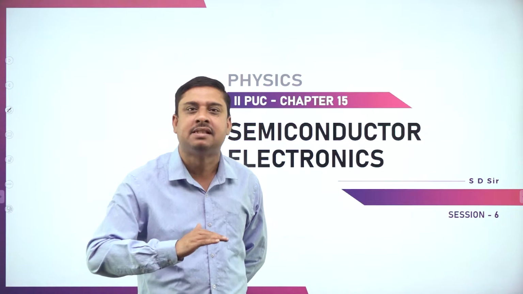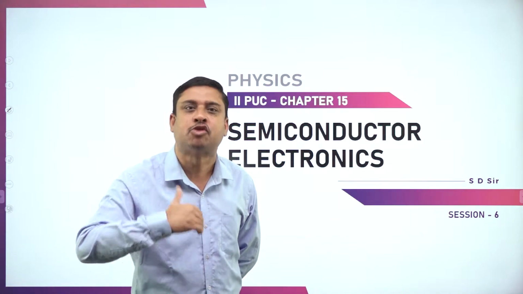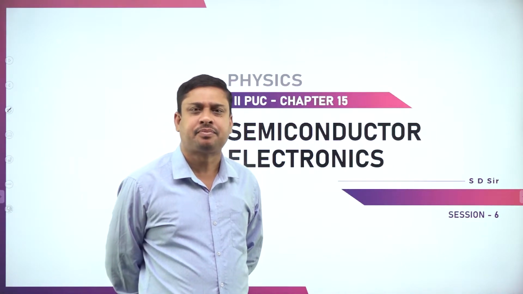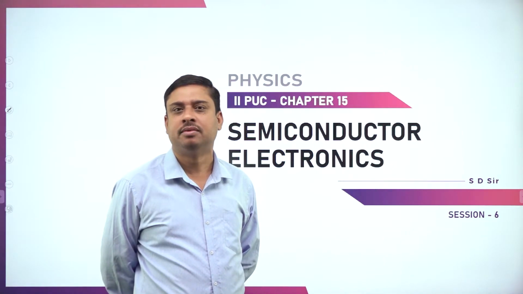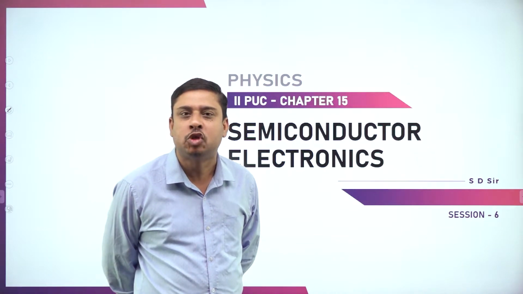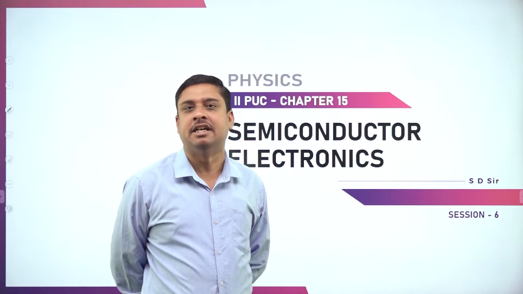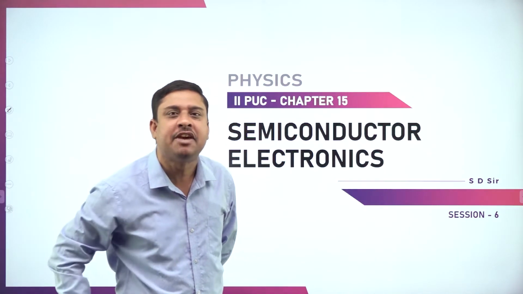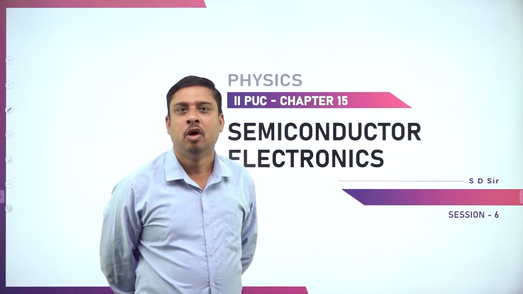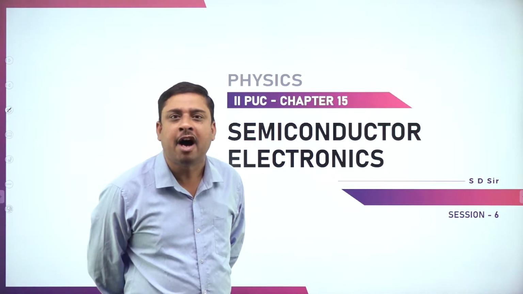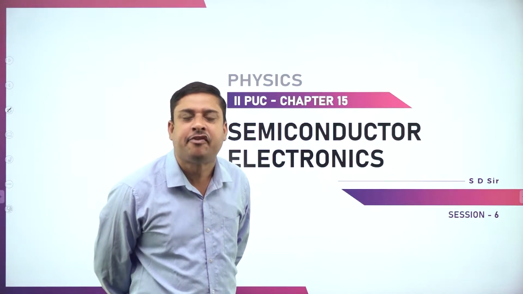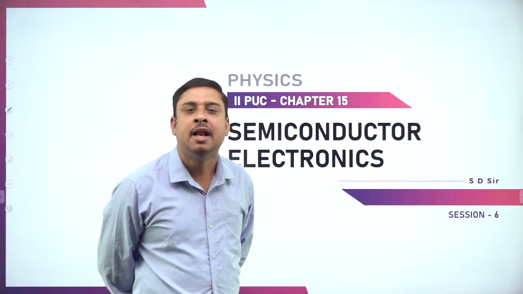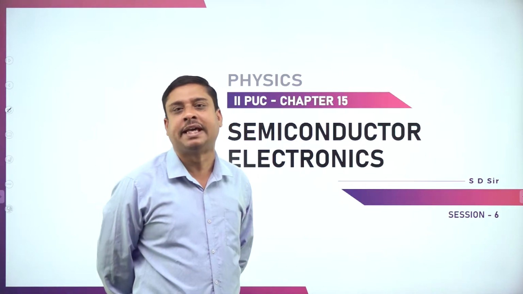And a device which performs this operation, like the PN junction diode, we call them to be rectifiers. And we studied two types of rectifications. One is called half-wave rectification, and the other one is called full wave rectification.